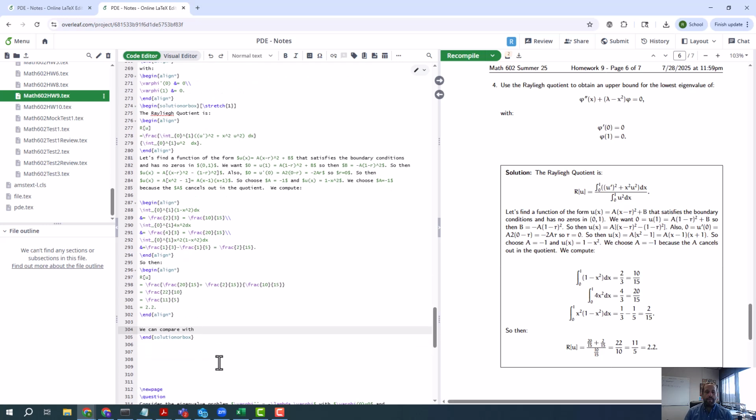We can compare with the free case of phi double prime plus lambda phi is equal to 0 with the same boundary conditions.